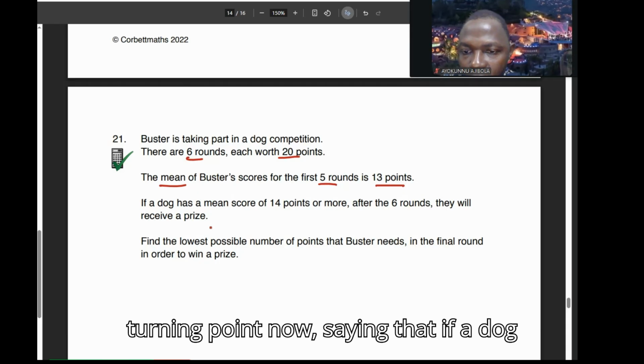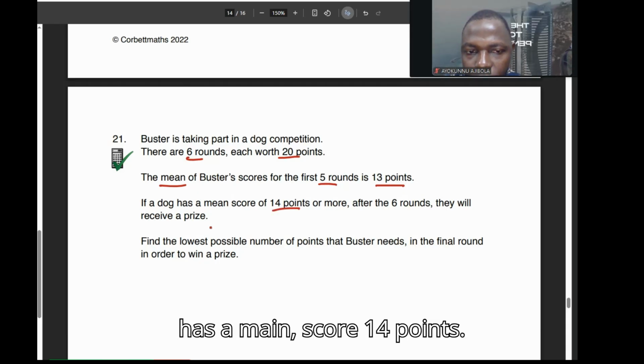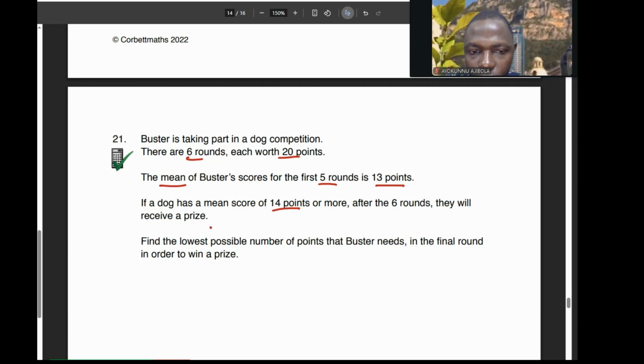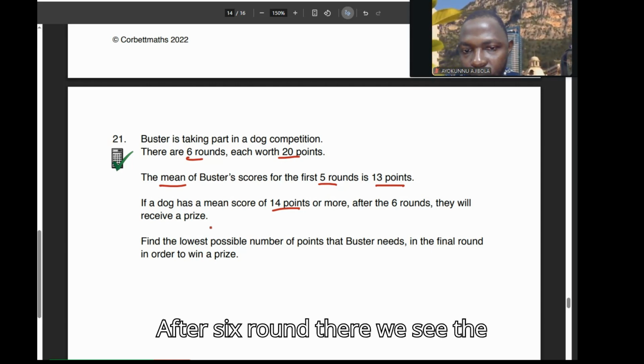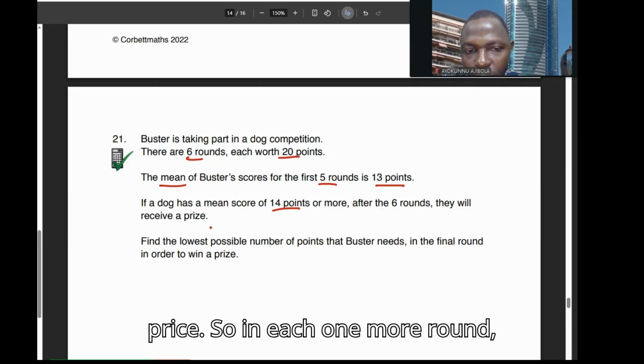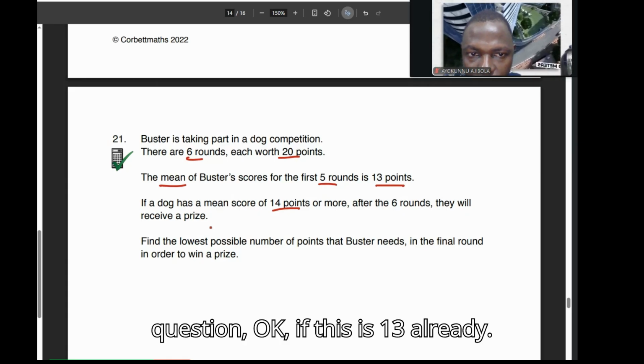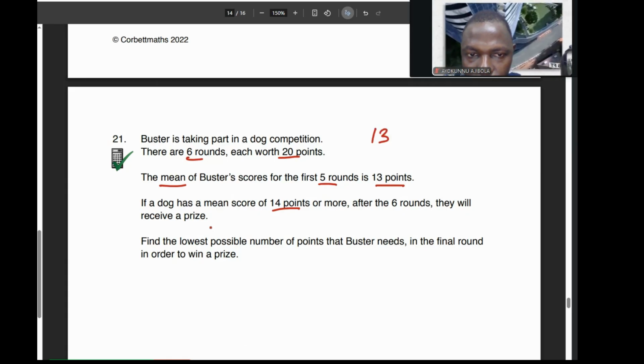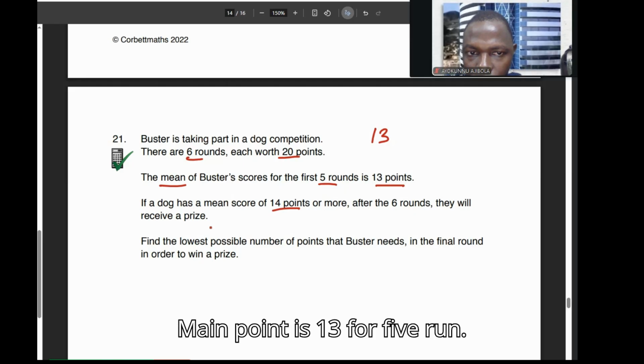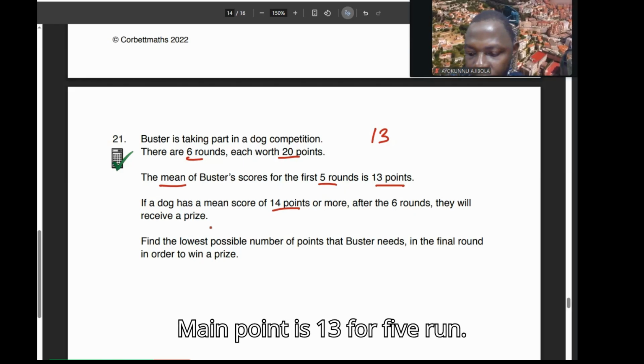Now, saying that if a dog has a mean score of 14 points after 6 rounds, they will receive a prize. So it needs one more round. How will it become 14? That's the question. Okay, if this is 13 already, mean point is 13 for 5 rounds.